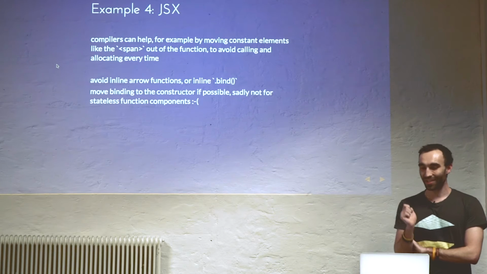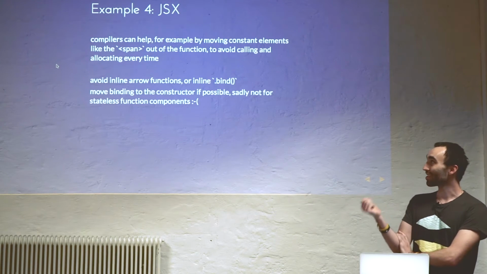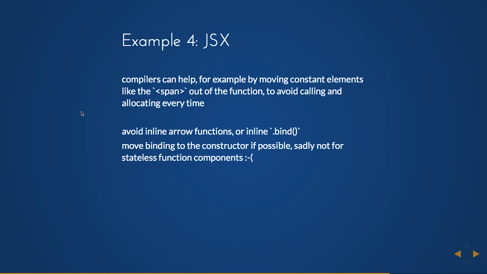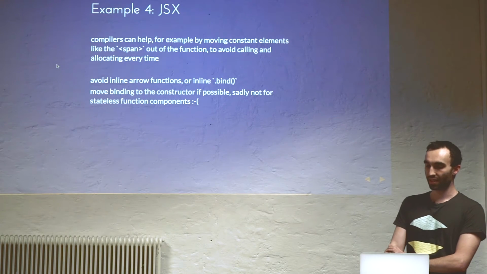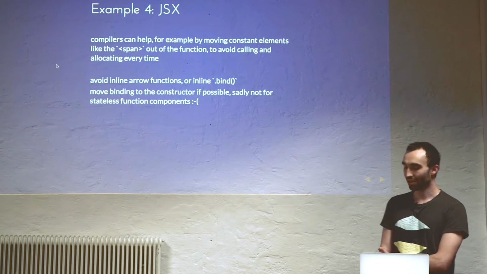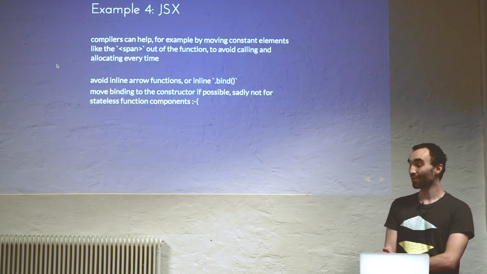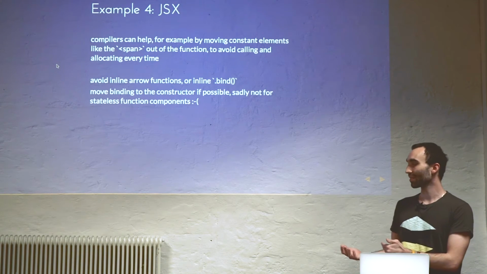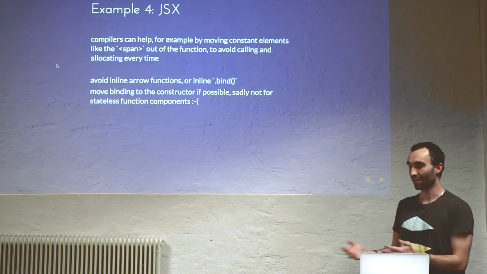Okay, the thing with JSX is, like the example I mentioned, the span does not ever change. And there are also some compiler plugins that can move these constant elements out of your render method, so you don't have to recreate the React elements every single time. And another thing is to avoid inline bind or arrow functions in your React render methods, because it creates a new function object, which is different from the props you passed in last time.